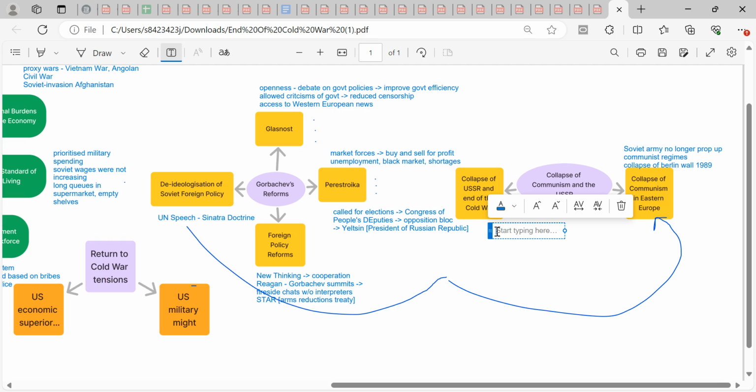So at this point of time, with republics like Lithuania and Azerbaijan declaring independence, the communist hardliners organize a coup to replace Gorbachev.